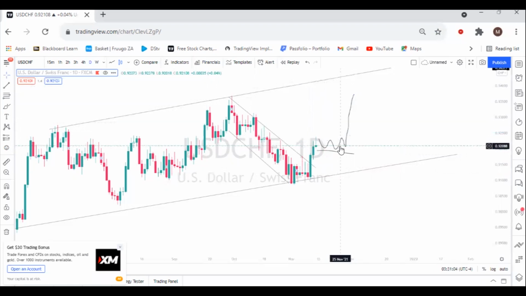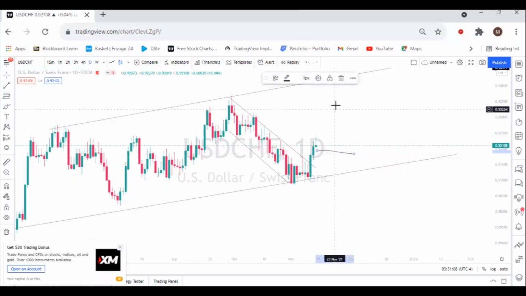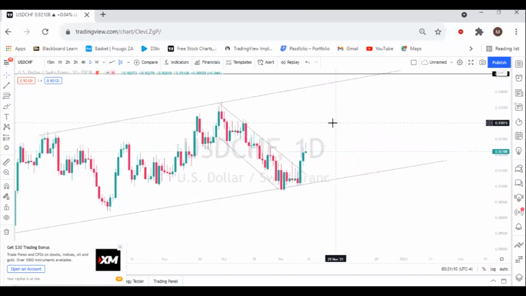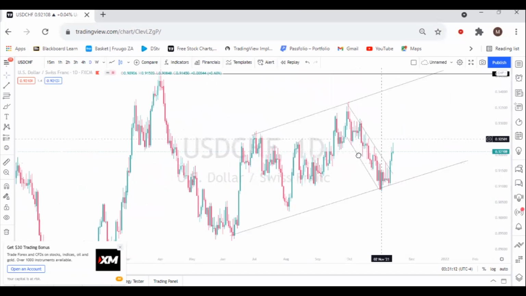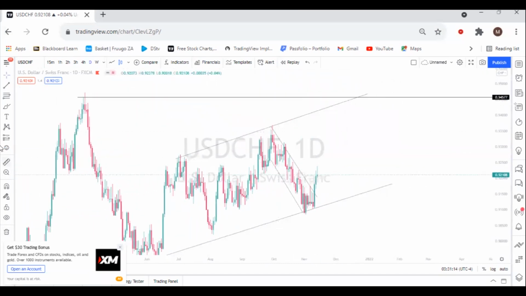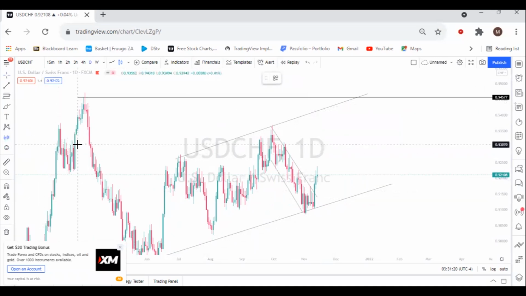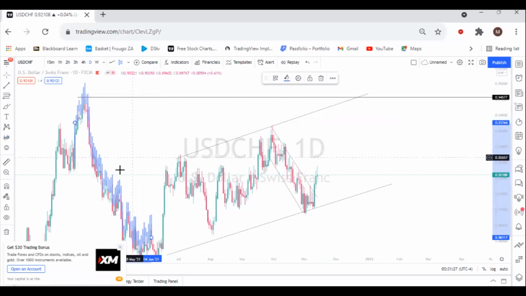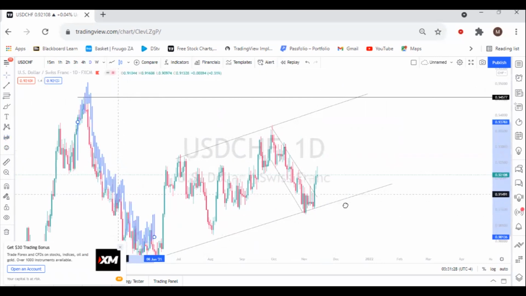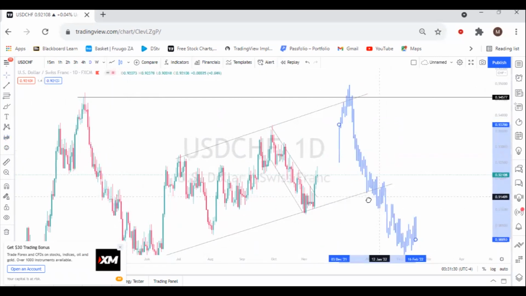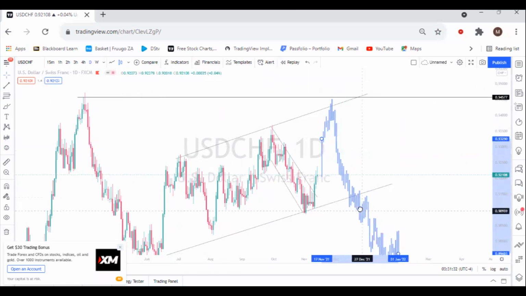Let me just remove everything. So right now, okay, let me just use the bus pattern. So it's kind of similar to the previous setup that we did.